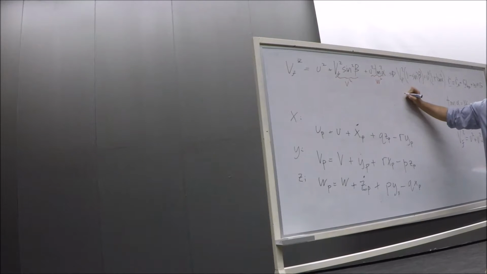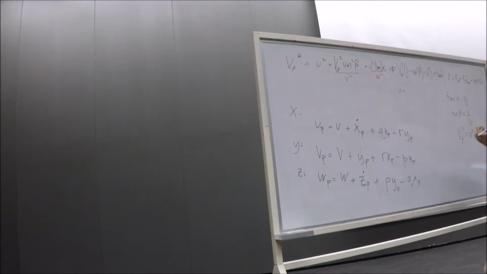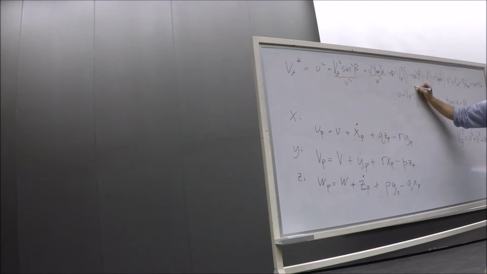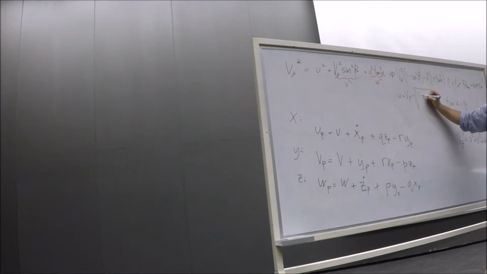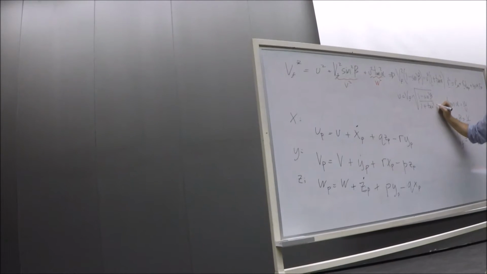So u is equal to Vf times the square root of 1 minus sine square beta over 1 plus tan square alpha.